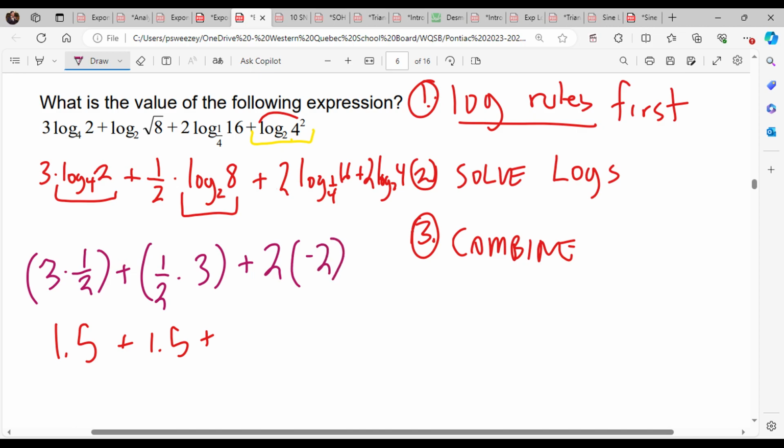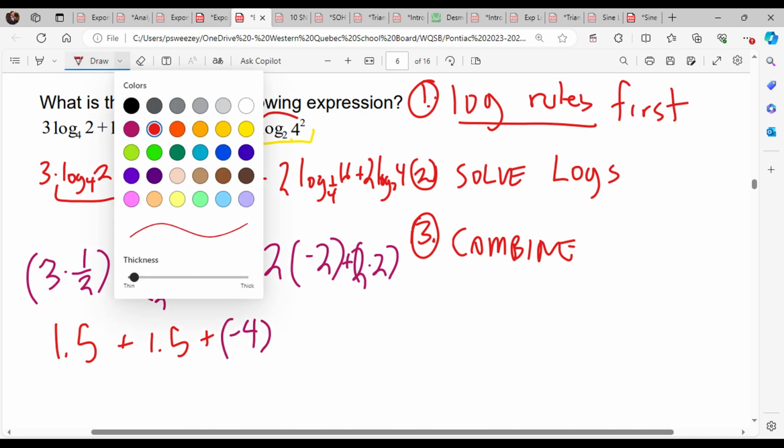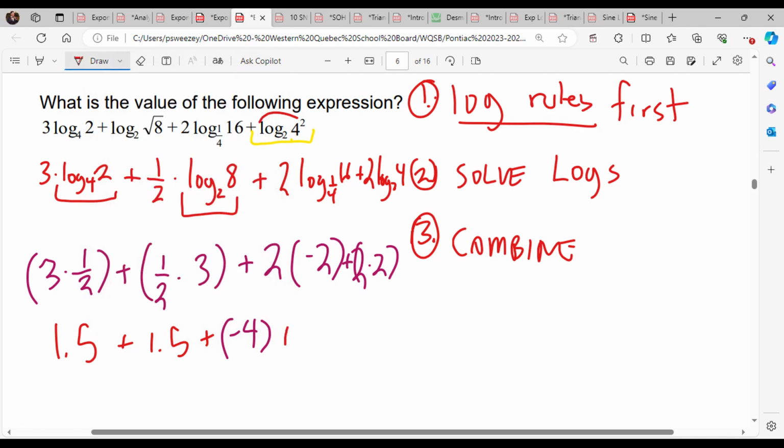And then for this one, when we put it in front, 2 times 2, so plus -4, and then plus 4, right? So in terms of that, I'm just going to end up with 3 plus -4 plus 4, ending up with just a value of 3.